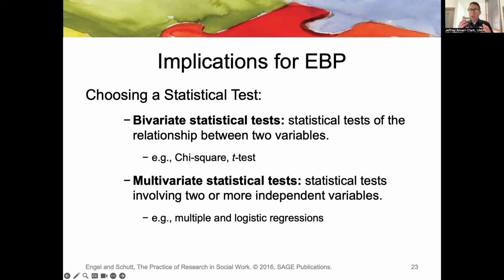So as we bring some of these additional variables to bear, it gives us a much more robust understanding out of our statistical test. But it requires that we do different tests. And so, for instance, multiple or logistic regressions would then be the appropriate tests for those.